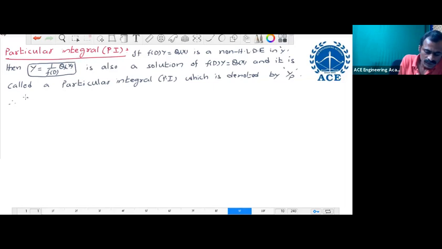Therefore, y suffix p equal to 1 by f of D of Q of x.